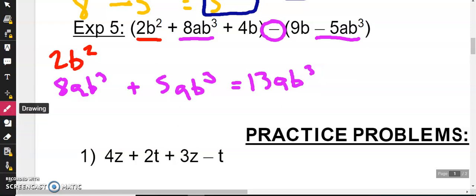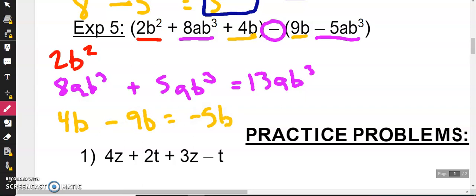And then the last bit is this 4b and the 9b. So once again, I will carry down the 4b, and then I will subtract the 9b to get negative 5b. Double check, I've used all of my terms.